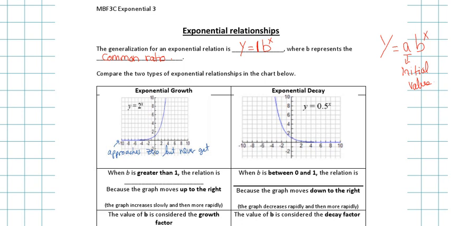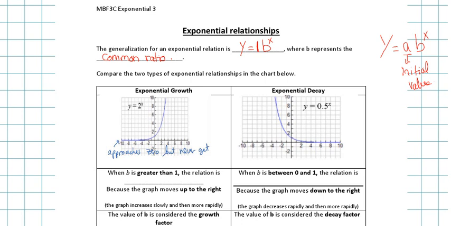Now we have two types of exponential equations. We either have growing exponentially or decreasing exponentially, okay? So we call them exponential growth and exponential decay. As you can see, the exponential growth starts with a flat horizontal line and then it grows fast exponentially.